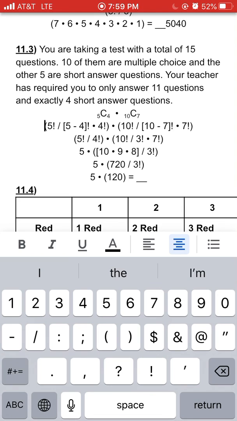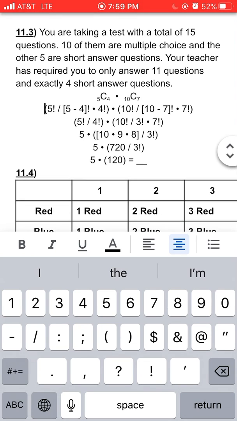And then for the 10 choose 7, we have 10 factorial over 10 minus 7 factorial times 7 factorial. That will simplify down to 10 factorial over 3 factorial times 7 factorial.